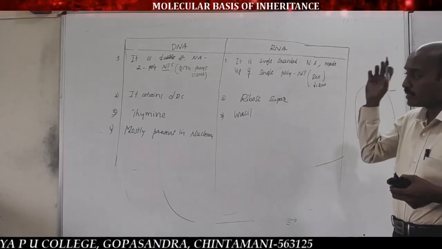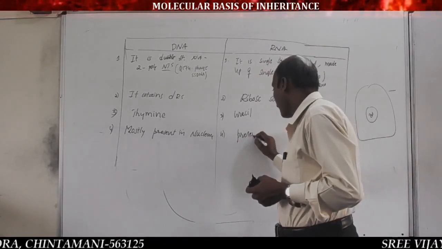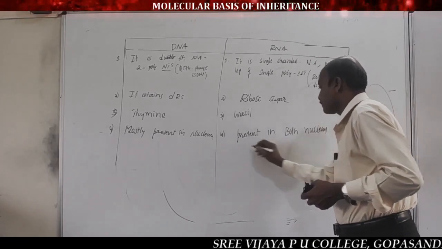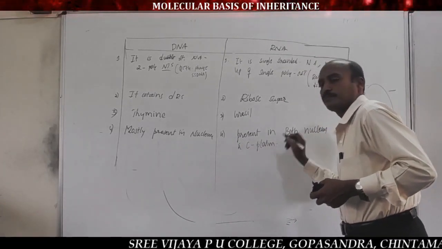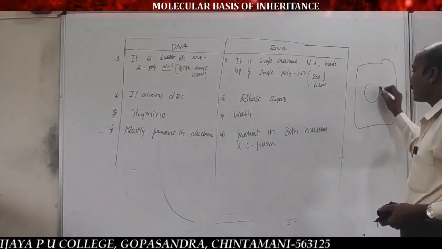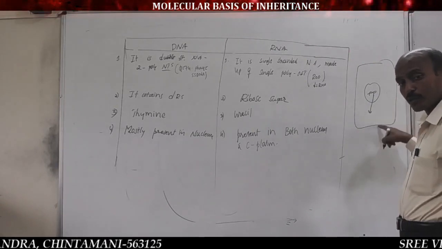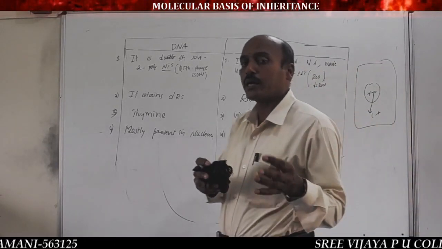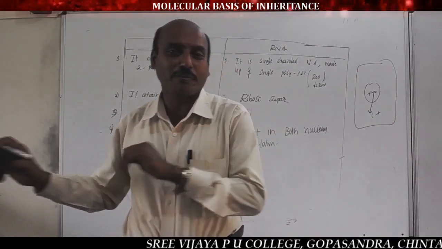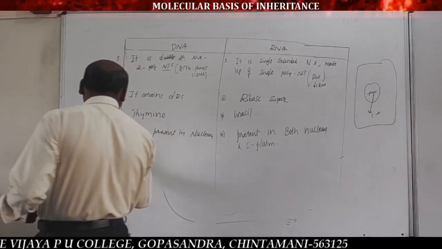Whereas RNA is present in both nucleus and cytoplasm. Remember, inside the nucleus transcription of RNA takes place from the DNA template. After transcription, RNA moves from the nucleus to the cytoplasm. So RNA location is both nucleus and cytoplasm. Birth is in the nucleus, life-leading process in the cytoplasm. So RNA occurs in both nucleus and cytoplasm, but DNA is generally present inside the nucleus.